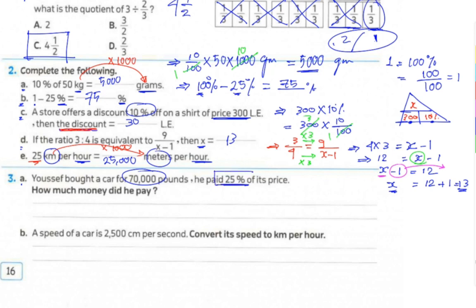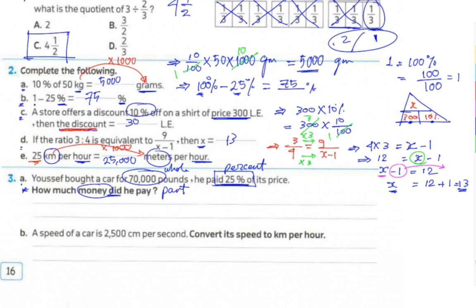So he paid 25% of 70,000. Now I need to find how much money he paid. I need to find the part. I know the percent, and I know also the whole number.